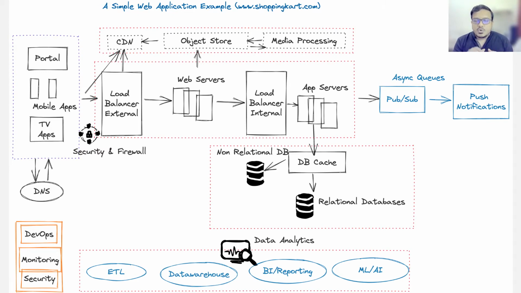So storing this write data, like these are all write operations from a database perspective. Now, if I start writing it to a relational database, that is costly. So in these cases, what we do, we use NoSQL databases, like, for example, Redis, MongoDB, and CouchDB.